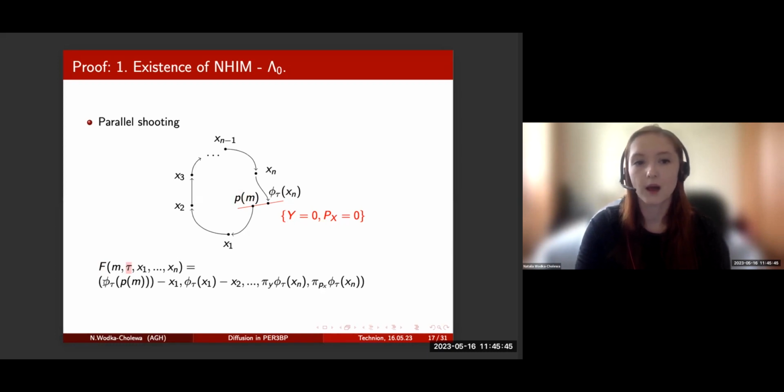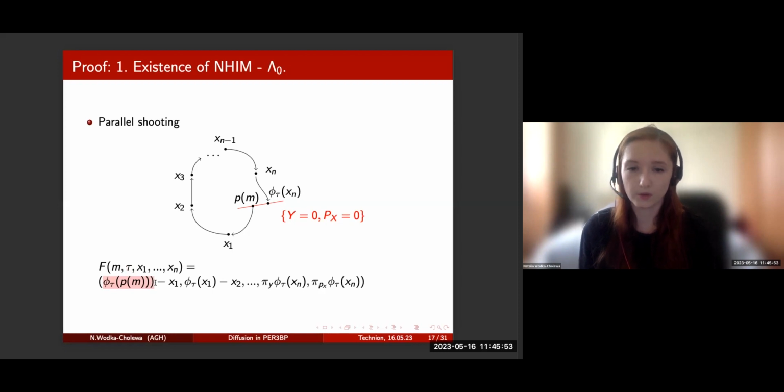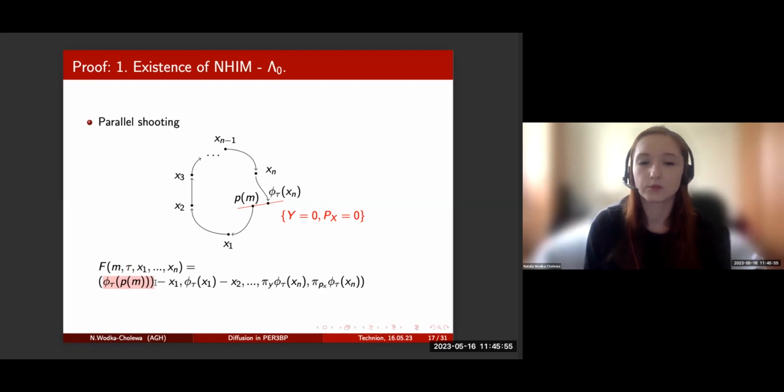Okay, so I take P of m and move by time tau near to x1. Here I make a subtraction, and exactly the same with x1: I move it near to x2 and subtract it.